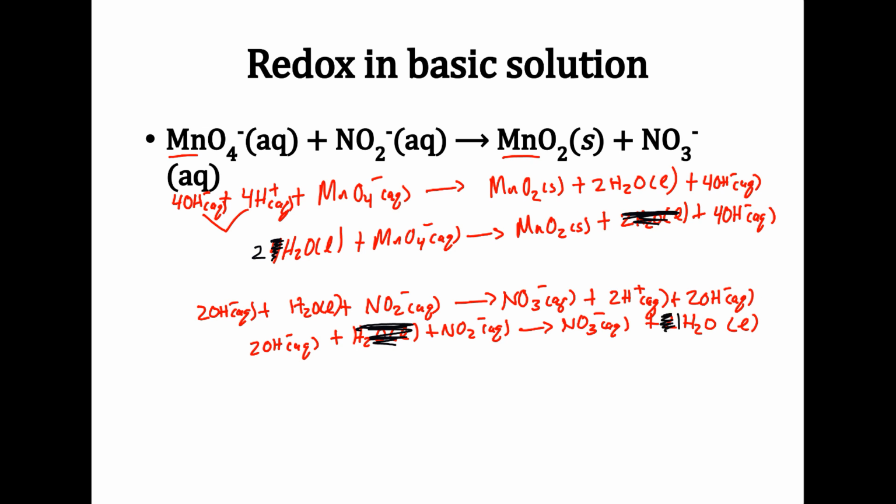So now we're ready to go through and get the correct number of electrons so we can have a balanced charge, because right now all of our atom types are balanced, but the charges are not. So if we look at this in the top reaction, we have a -1 charge on the left-hand side. And then we have -4 on the right-hand side.